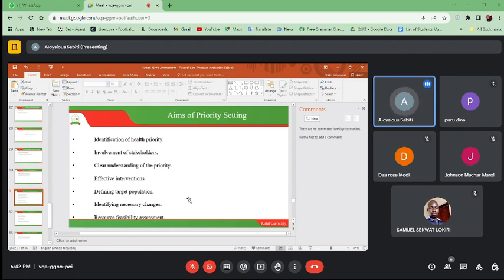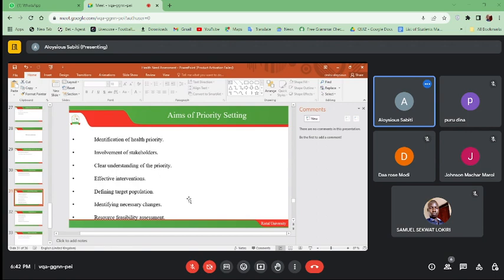Then you have to involve stakeholders. Then the aim is that there is clear understanding of the priority. Then there is effective intervention. Then you define your target group, identify the necessary changes, and you're able to do the resource feasibility assessment.